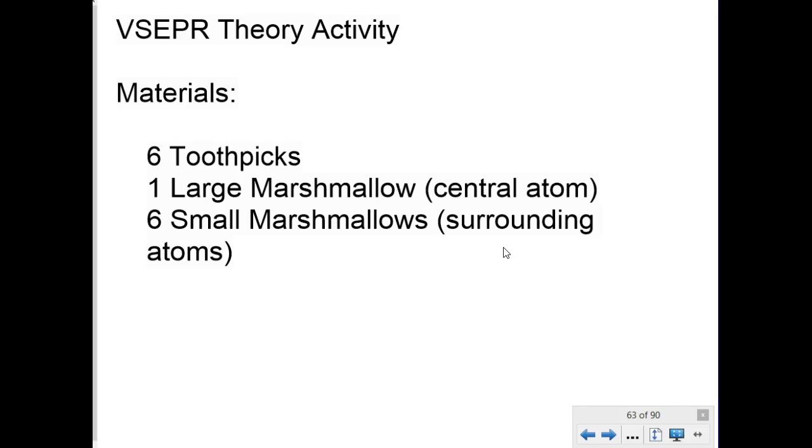The big marshmallow is always going to be the atom that goes in the center of the molecule. Toothpicks represent 2 electrons. If the toothpick is placed in the large marshmallow and there's no marshmallow on the other side, this is called a lone pair of electrons.